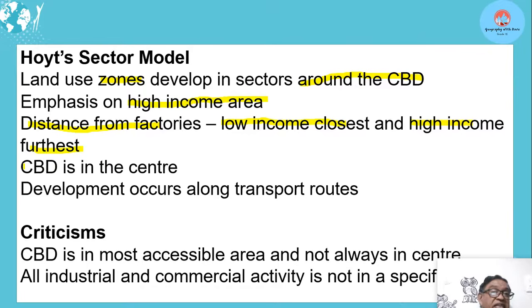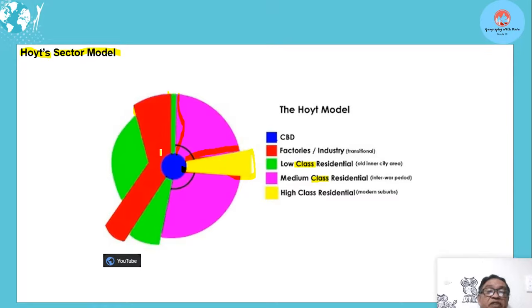Again, he said the CBD is in the center and did consider that development can occur along the transport routes. He also considered one more thing here, that if you look at this area, they undergo change, that these people move away from here and go to the outskirts, because this could be a zone of transition where the CBD takes over.